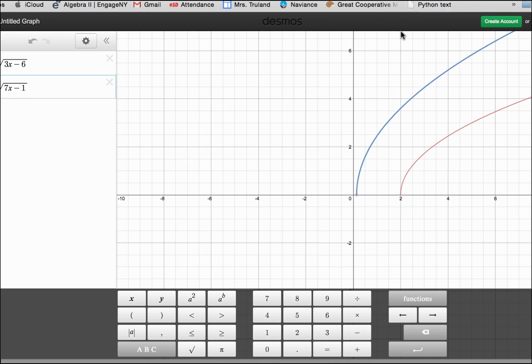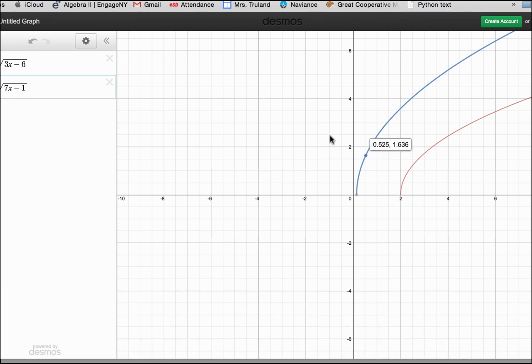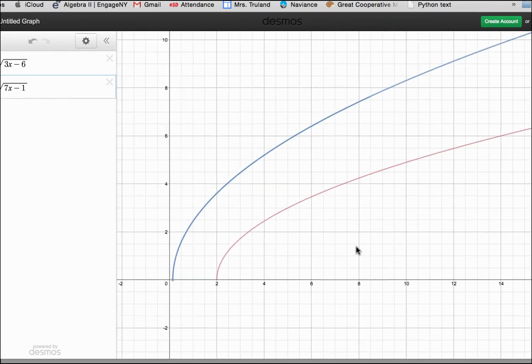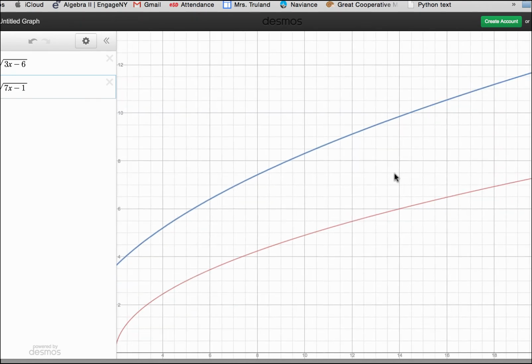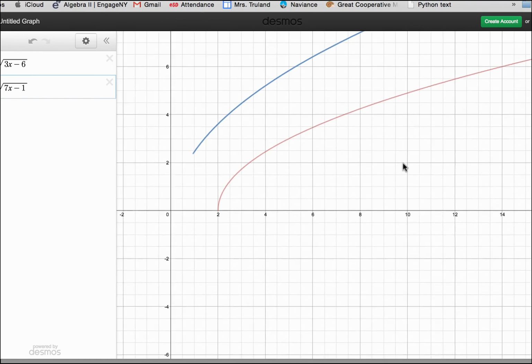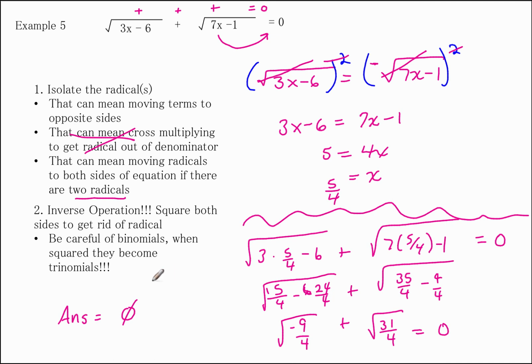And if you look, if I bring these over here, my two graphs are never going to cross. There's no place where they ever cross each other. And that's what would happen if I'd set them equal to each other. So indeed, there is no answer to this question. And that's why you always have to check.